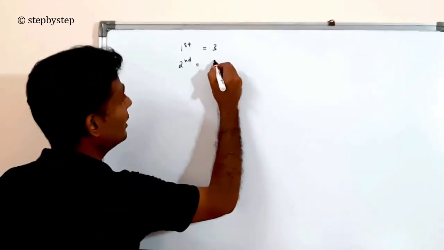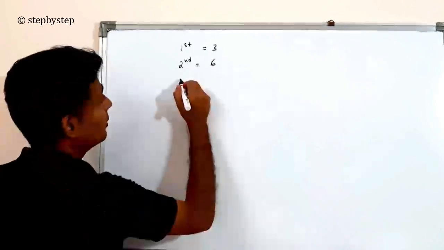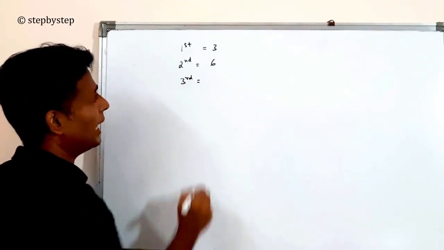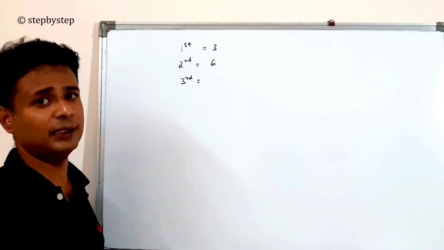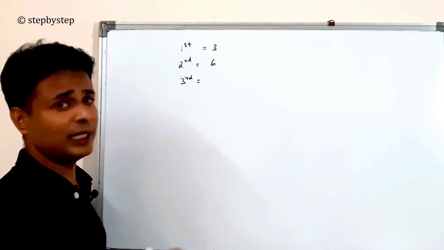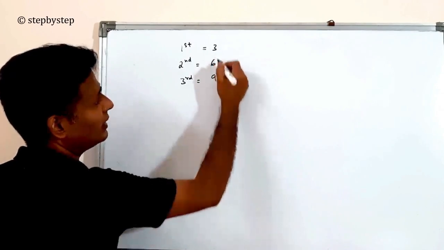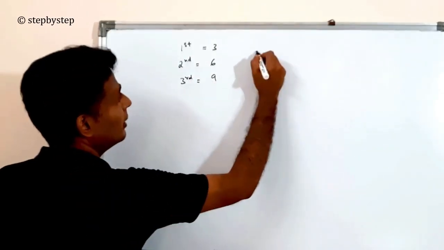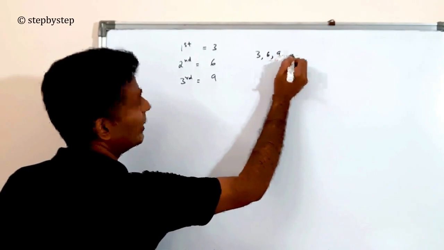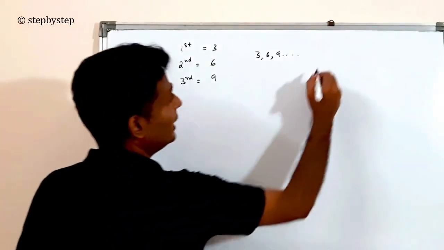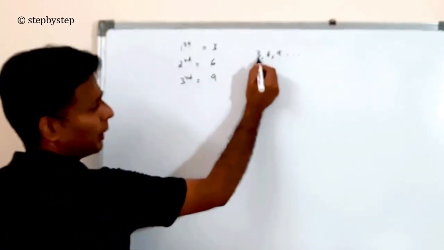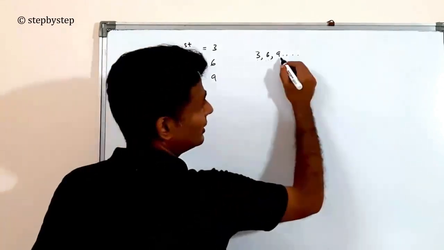So 2 into 3, 6. The third standard students, each section will plant 3 trees. There are 3 sections, so 3 into 3, 9. So the number of trees planted by each class is in AP, that is 3, 6, 9 till 10th standard.